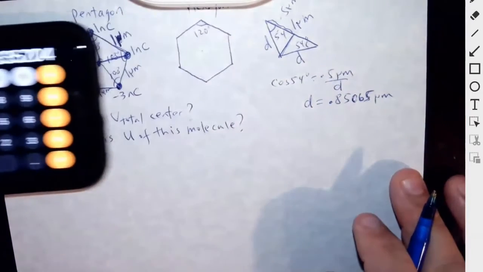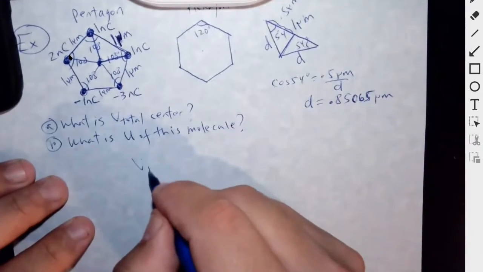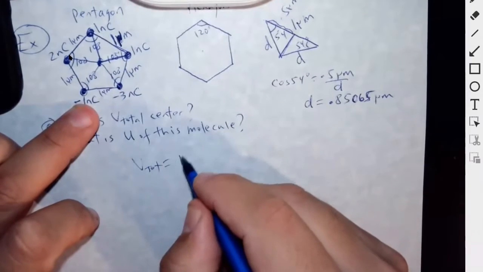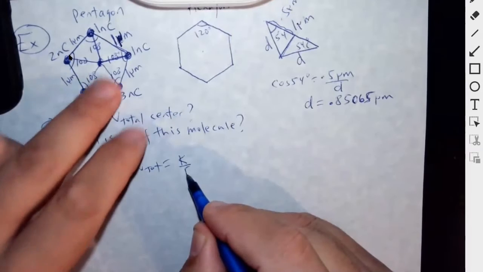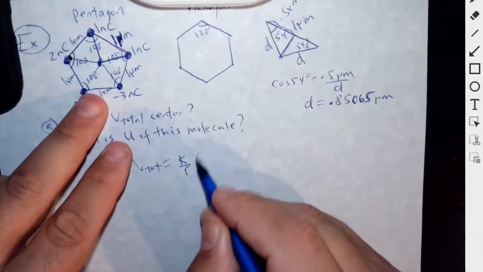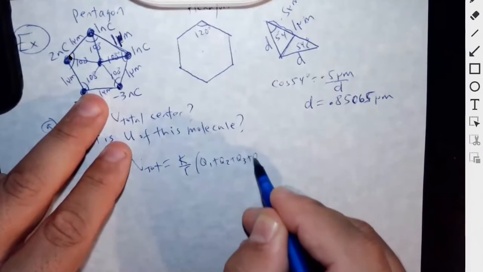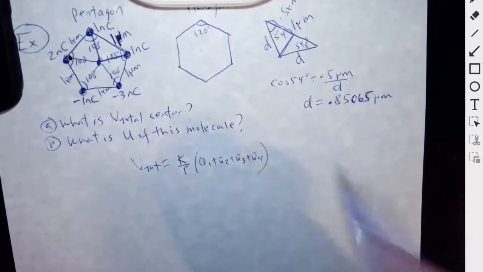Okay, so then what's going to be the total voltage? Well, the voltages will just add up. So V total, and the distances are all the same. So it's just K over R, and the R's are all the same, right? And then Q1 plus Q2 plus Q3 plus Q4. Oh boy, do I love voltage, right? You don't have to worry about direction, right? Just add them all up.